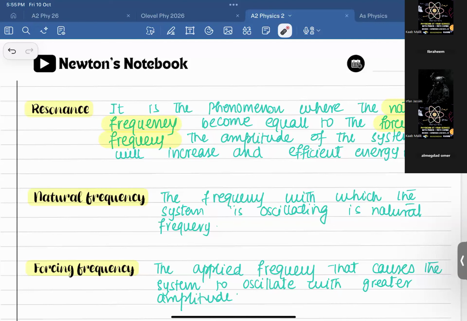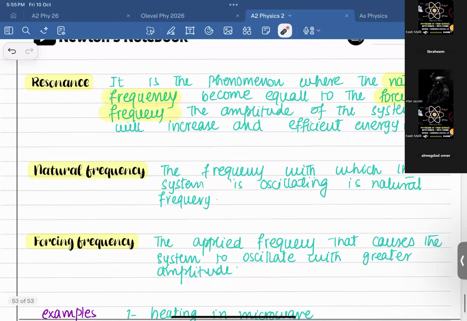Now, the forcing frequency should be equal to the natural frequency. Why? Because if these two things are not equal, then the energy transfer won't take place, or may not be transferred at all, right?